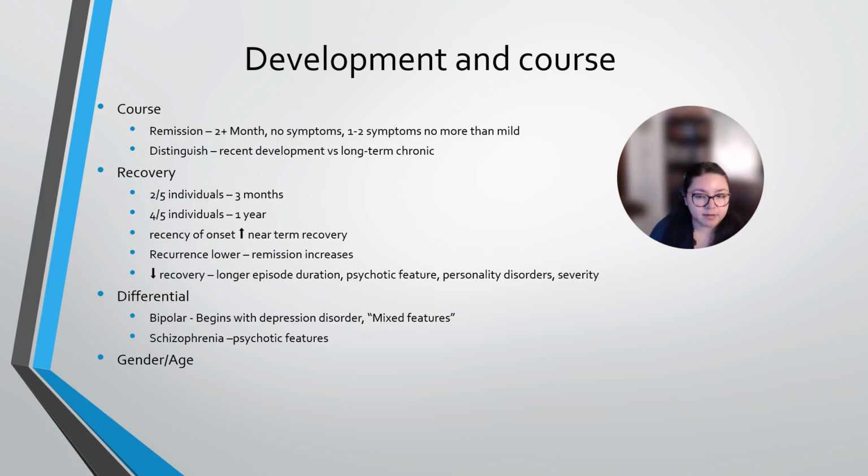Some symptoms do exist across age, which is interesting. We're going to see more younger folks with hypersomnia, hyperphagia, versus older folks who are going to present with symptoms like psychomotor disturbances. So walking more slowly, being more agitated, things like that.